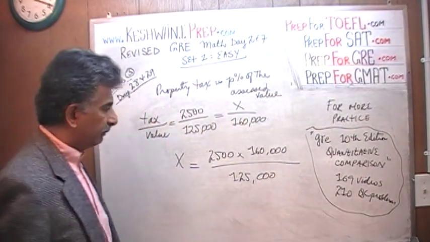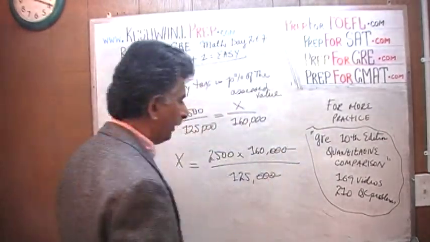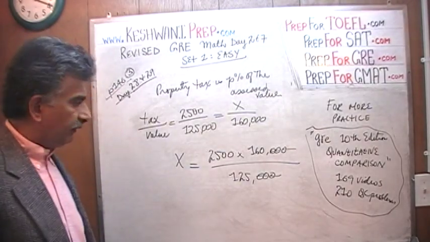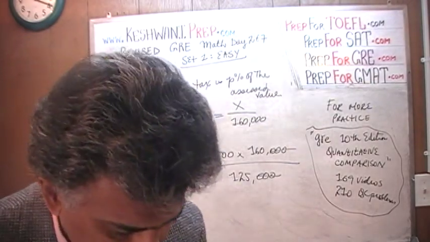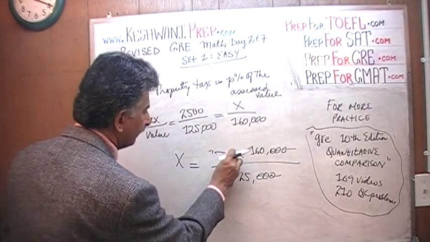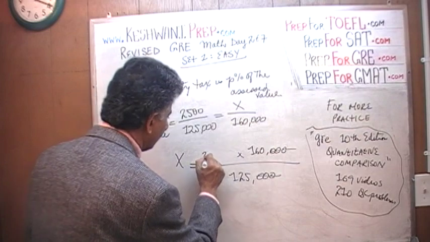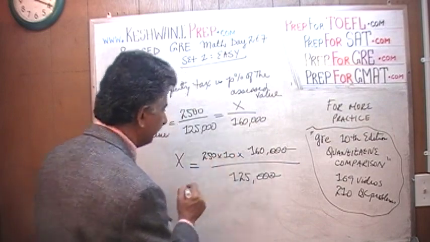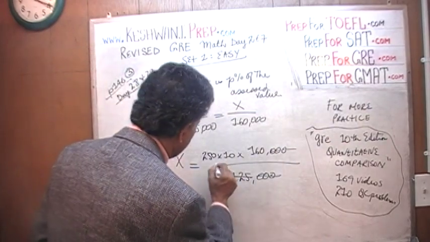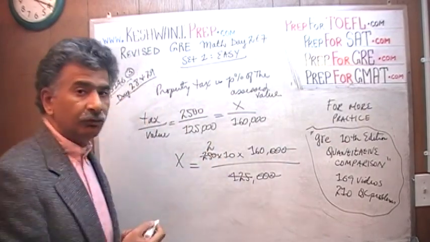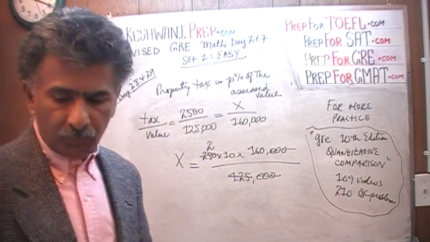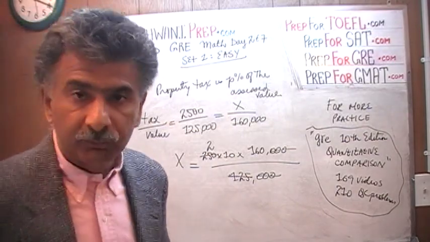If you divide top and bottom by 1,000, the 3 zeros drop out. And if you divide top and bottom by 125, you see this 2,500 can be written as 250 times 10. 250 has 2 125s, because 2 times 125 makes 250.